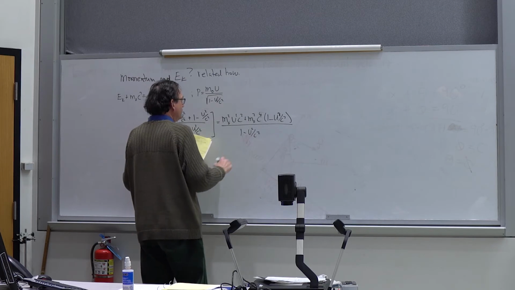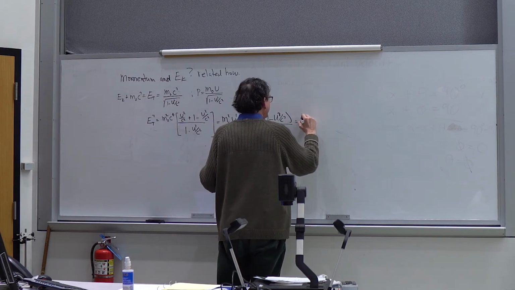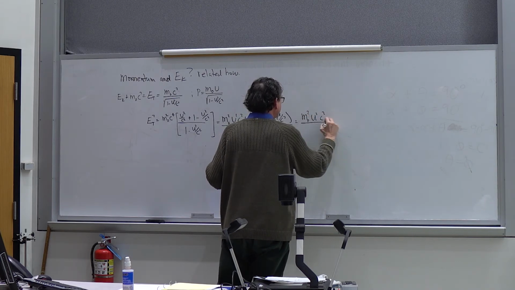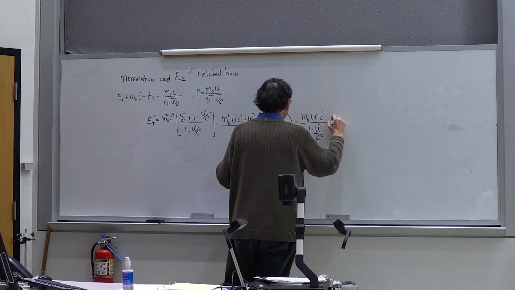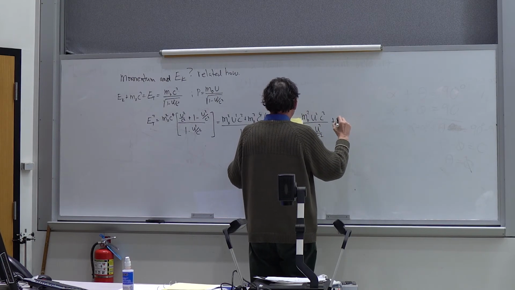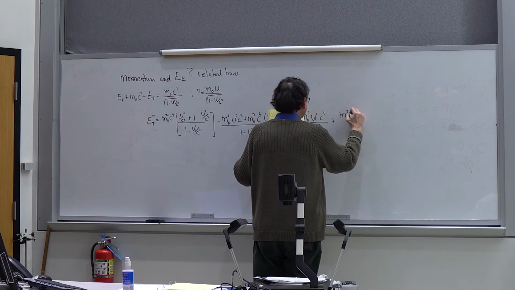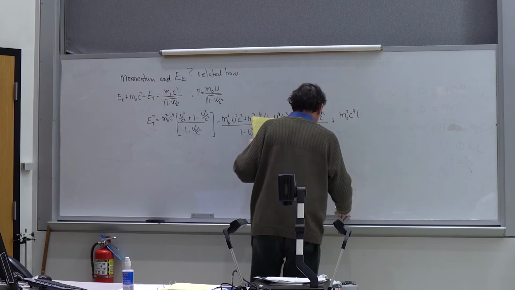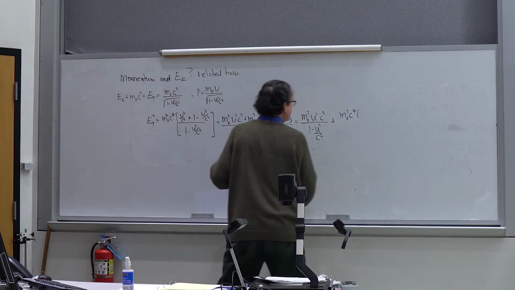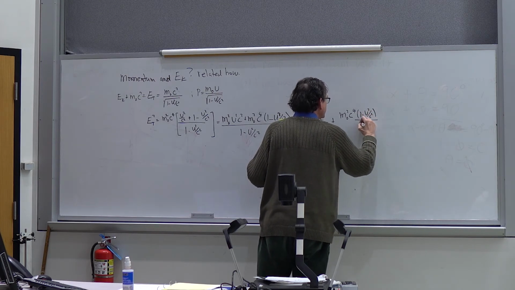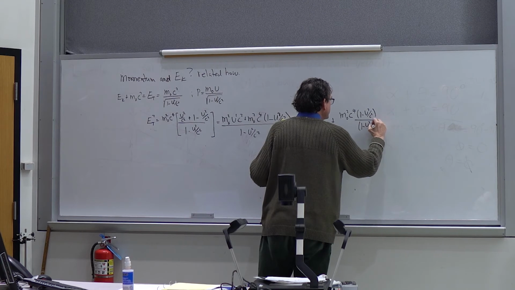So let's break this up. Now I write m naught squared u squared c squared divided by 1 minus u squared over c squared plus one more term, which is m naught squared c to the 4th times 1 minus u squared over c squared, divided by 1 minus the same quantity, 1 minus u squared over c squared.